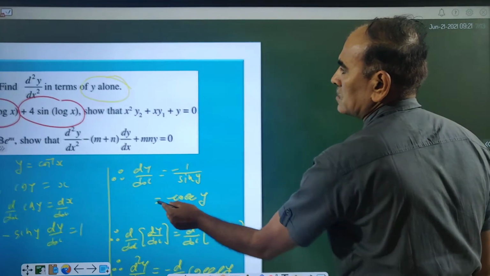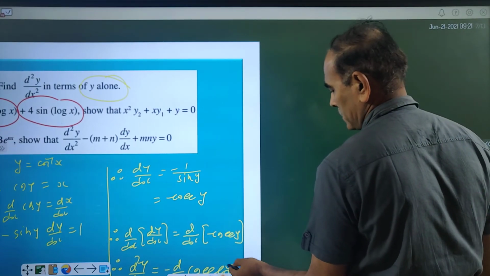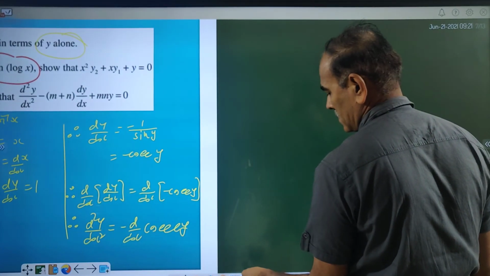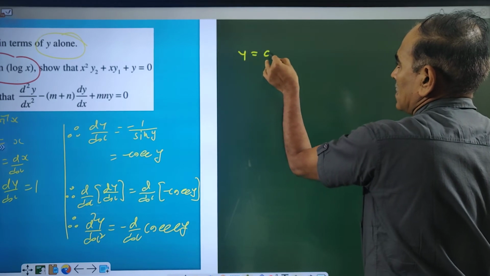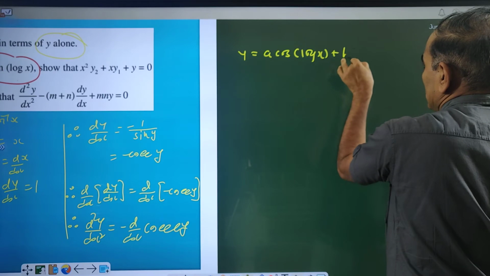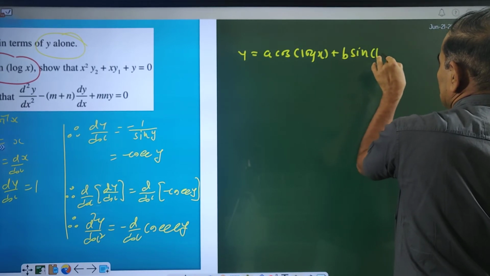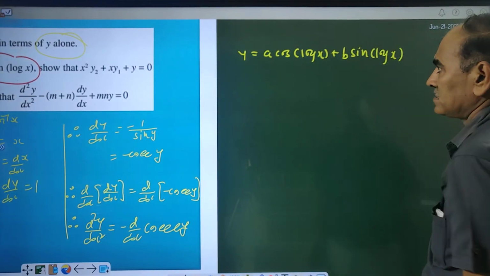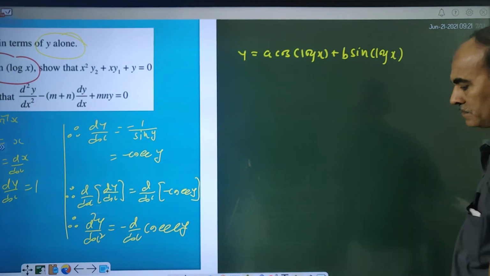Y is equal to a cos log x plus b sin log x.